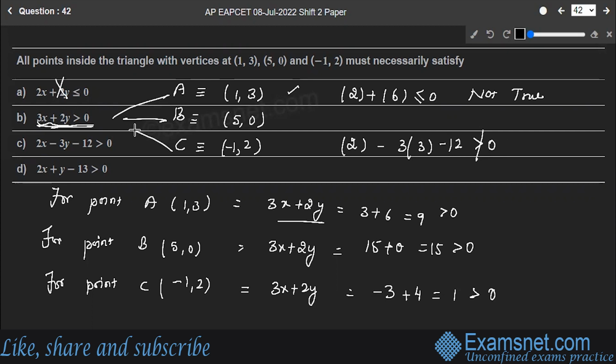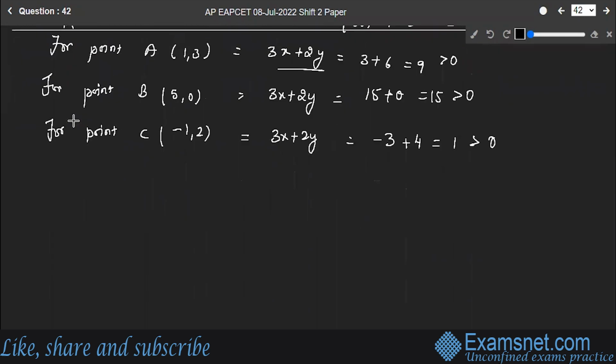No, this is less than 0 because the answer will be negative. So this is even wrong. Next, 2 into 1, that is 2, plus 3 minus 13. Is this greater than 0? No, this is again a negative number. So options A, C, D are wrong. Only B is the correct one. This is the answer to our problem.